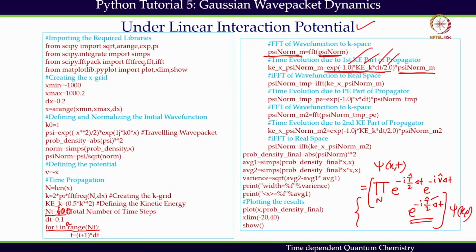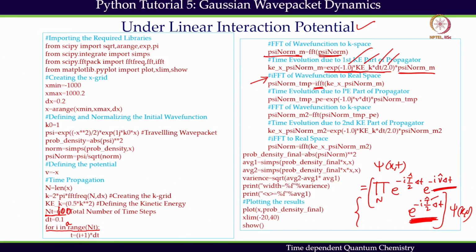That is the representation in Python programming. After doing that, we have to convert it to the position domain, because next to this first kinetic energy part we have the potential energy, and the potential energy part of the time evolution operator needs to be carried out in position space. So that's why we again apply the inverse Fourier transform to get the position space part.